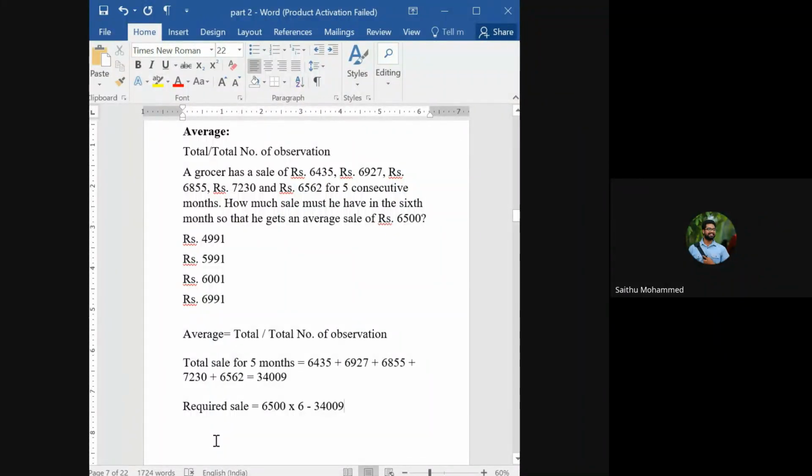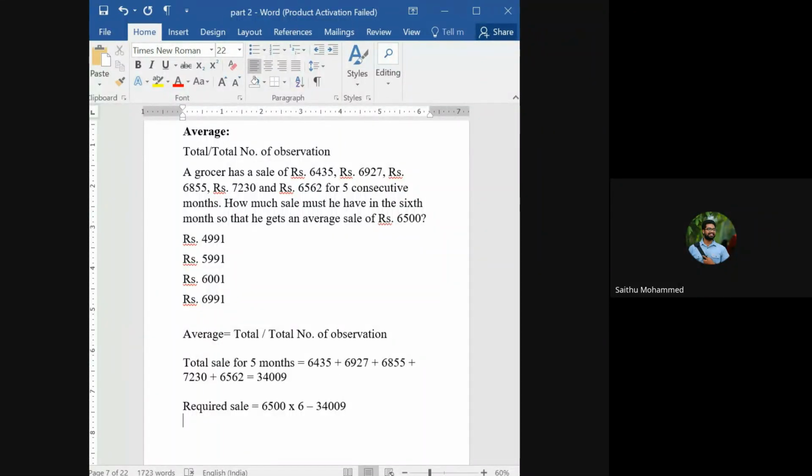So the 6 months average is 6,500, and to get the 6th month sale, what we can do is take the average of 6,500 into 6. Then we deduct the amount for all the past 5 months, that is the total of 5 months sales, 34,009 rupees. If we deduct, we will easily get the 6th month sales.